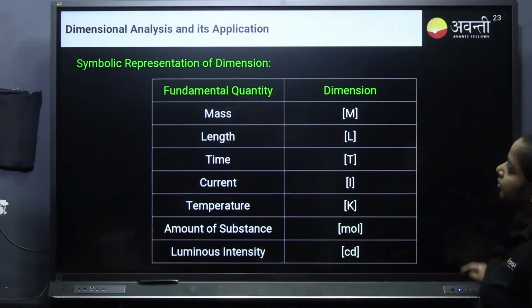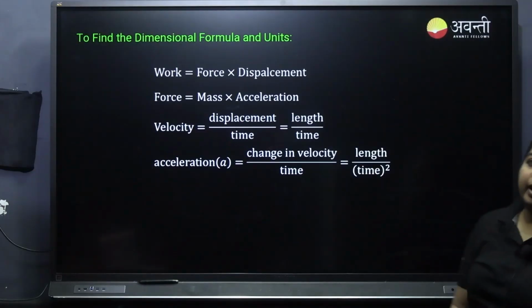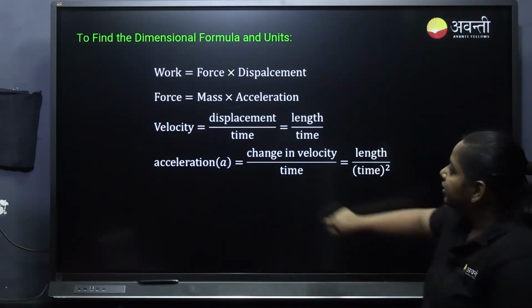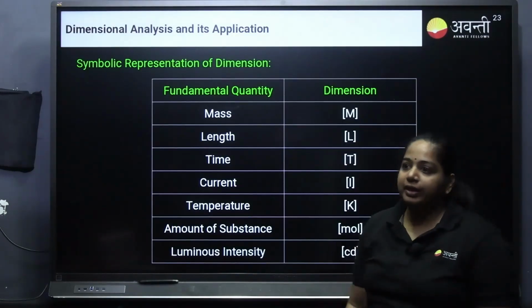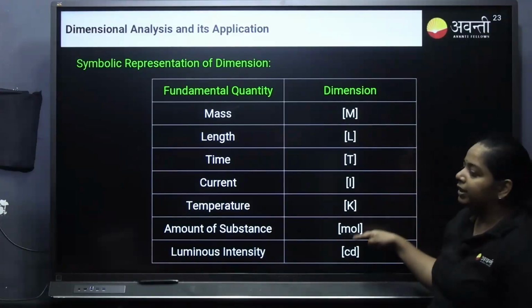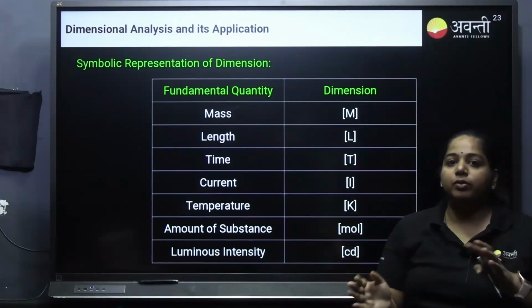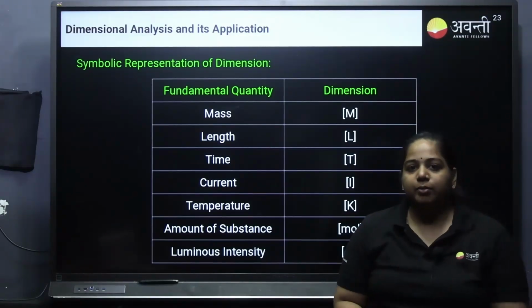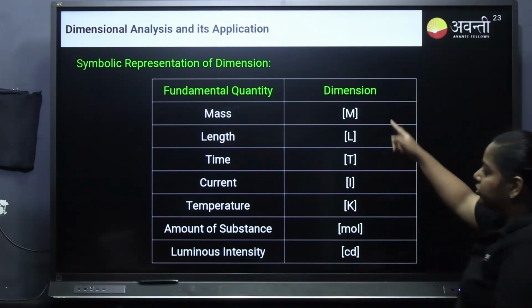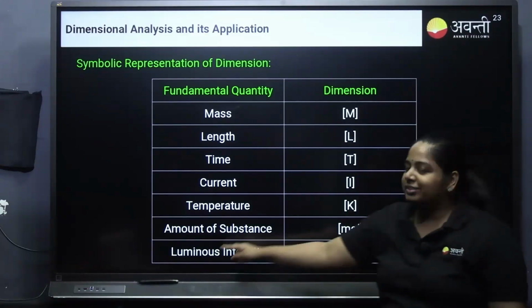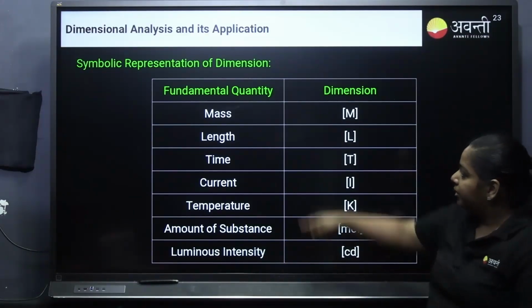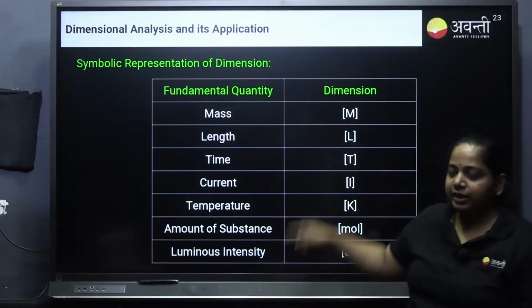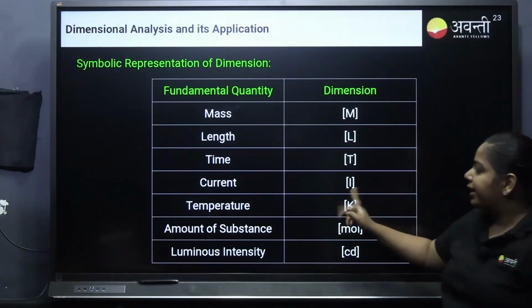Okay. Coming to dimensional analysis, we have our fundamental quantities, right? In terms of fundamental quantities, we have to write the other things. Basically, that's all we are doing in dimensional analysis. There is nothing more. Luminous intensity we are not using anywhere, but these 6 we need. That is mass, length, time, electric current.